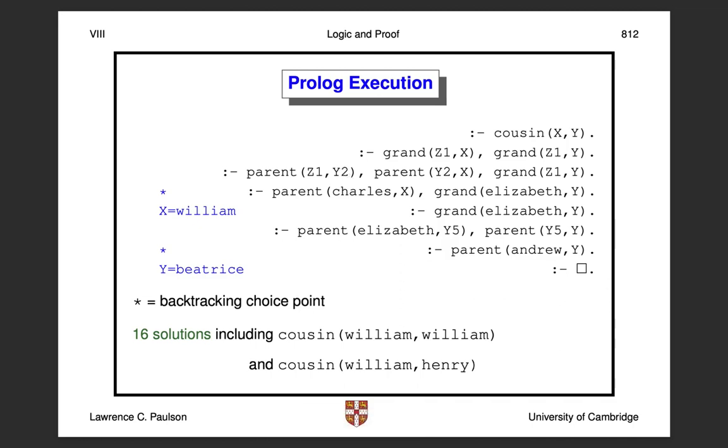The result of this unification will be to delete this literal. So here we had three literals, but because we can unify this with a fact, we end up with two literals, and you can see now that Charles has been plugged in for Y2 and Elizabeth has been plugged in for Z1.